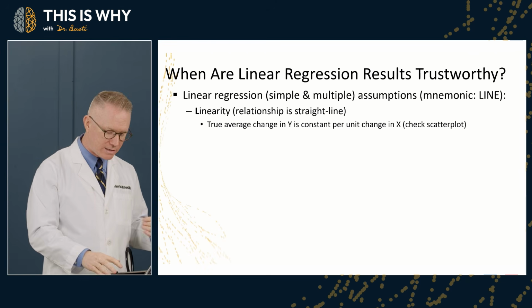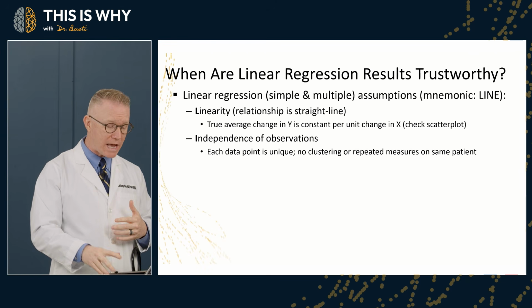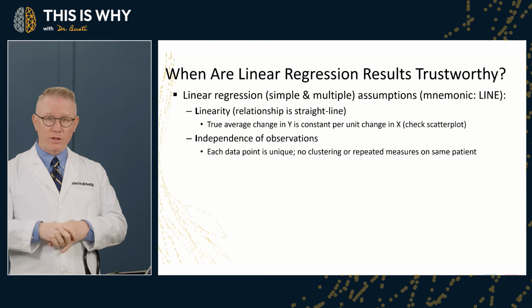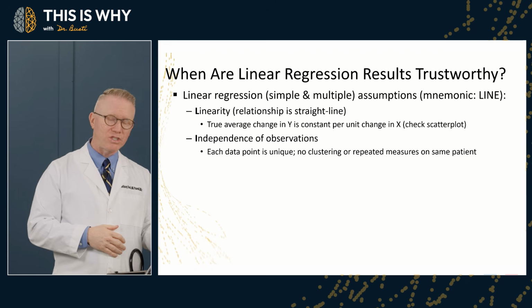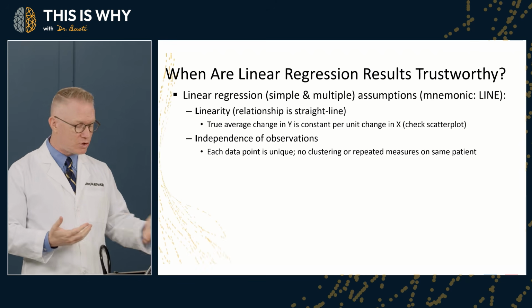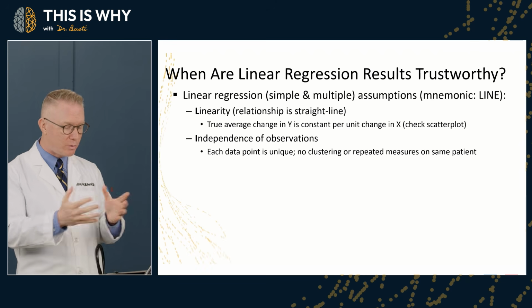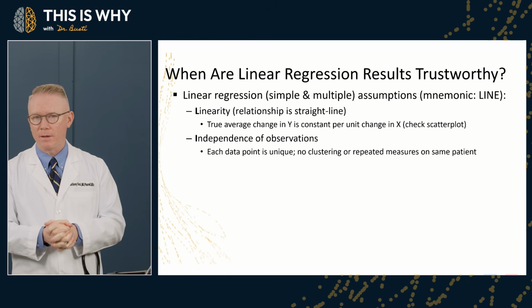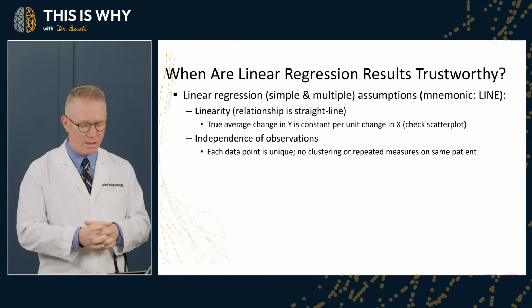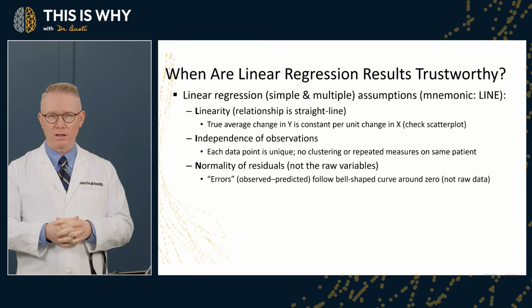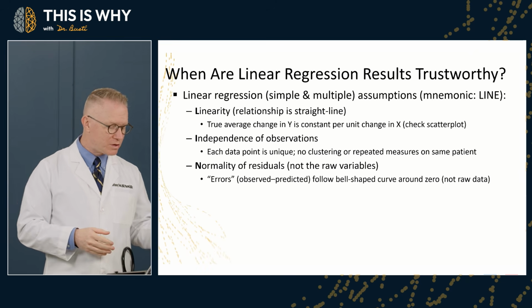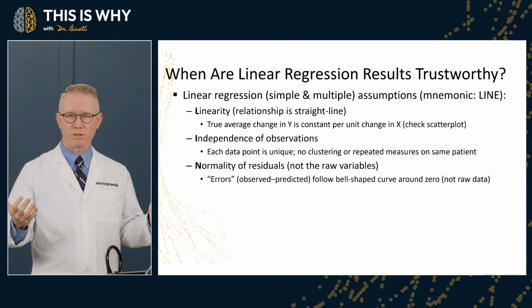And I gave you kind of an example, and that's a kind of a check scatter plot look, that there's independence of observations, okay? So each data point is unique. There's no clustering, there's no repeated measures on the same patient, okay? Now, when we start to think about especially multiple linear regression, this is the normality of the residuals, okay?